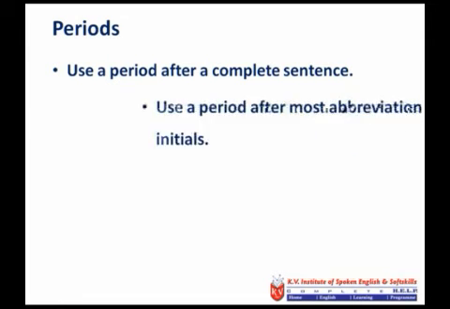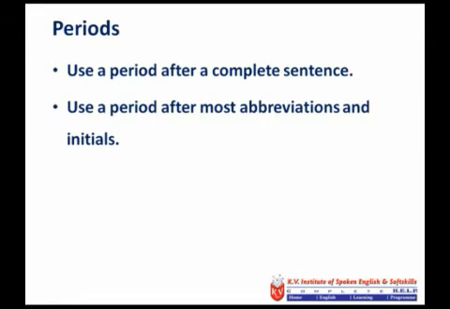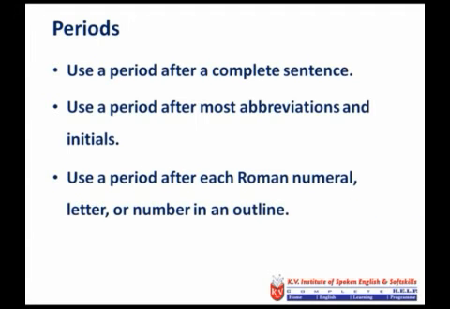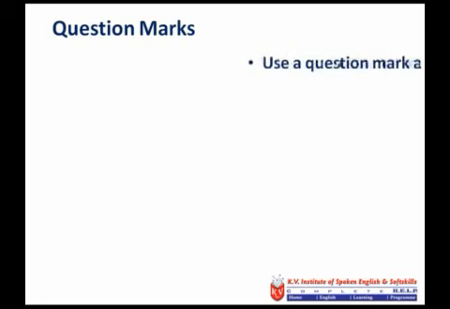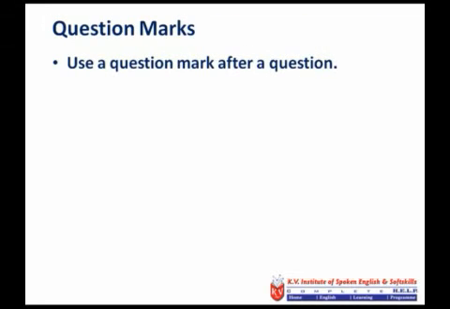You need to also use a period after most abbreviations and initials. There might be instances wherein an abbreviation might come at the end of a sentence. However, there is no need for you to add another period after that, such as Dr., Miss, Junior, Mr., Mrs. Question marks. Use a question mark after a question.